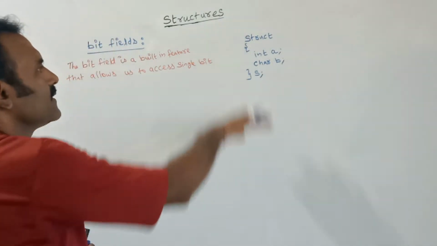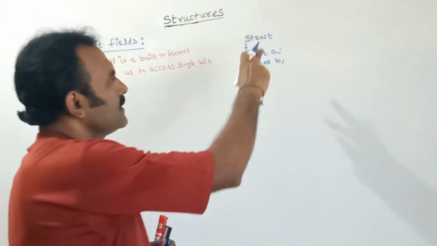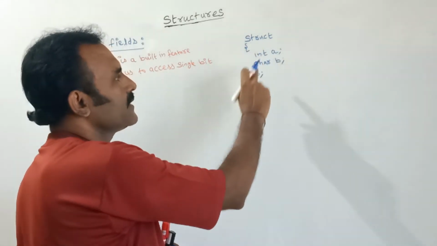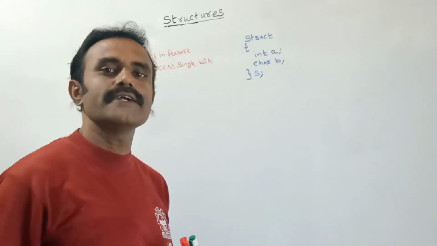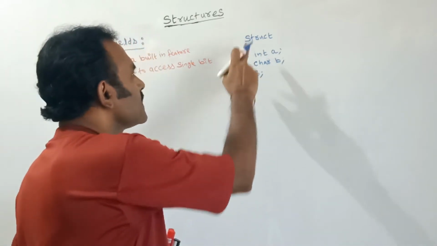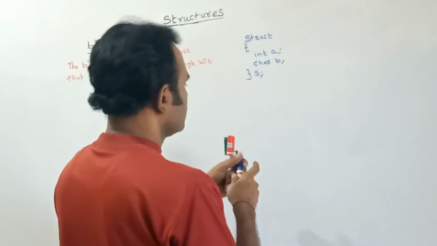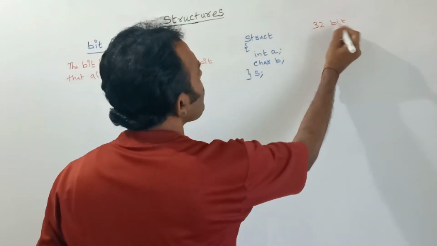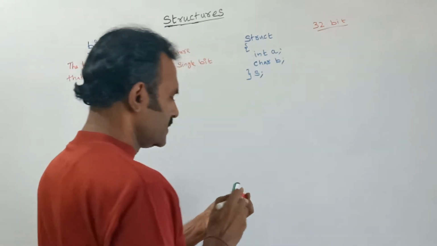I have declared the structure. Inside the structure, there are two structure members: an integer data type A and a character data type B. My structure variable name is S. This is for a 32-bit machine.